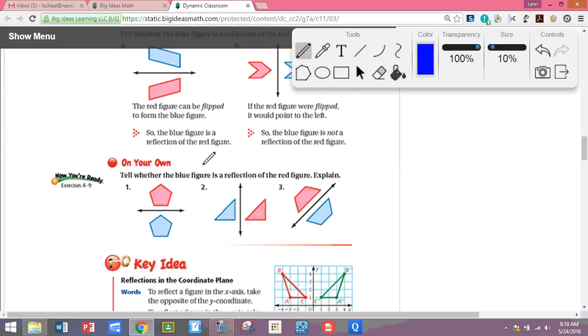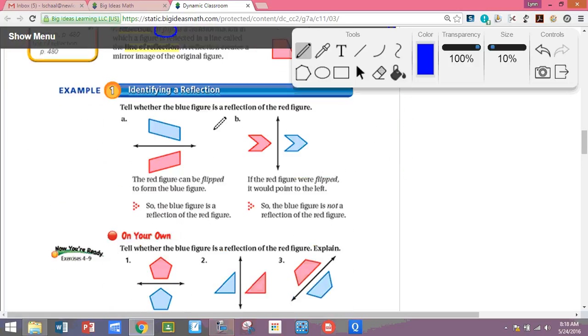If you look at A here, A is identifying a reflection. This is what you're going to have to do on part of your assignment: you have to tell whether the blue figure is a reflection of the red figure. Looking at A, you have this blue figure, and then you have a red figure, and this is your line of reflection. Did we just slide it down and make a translation, or did we flip it and make a reflection?